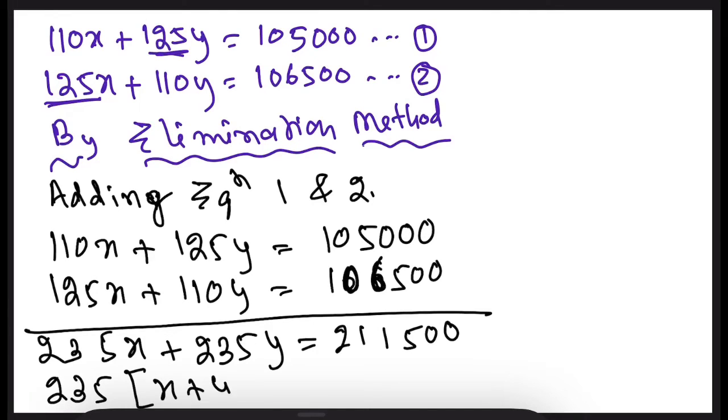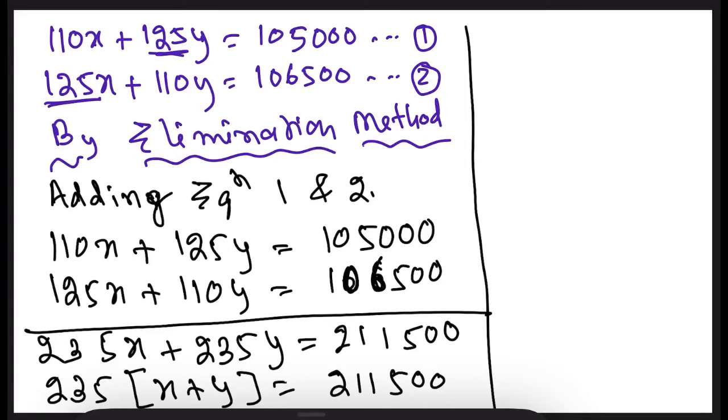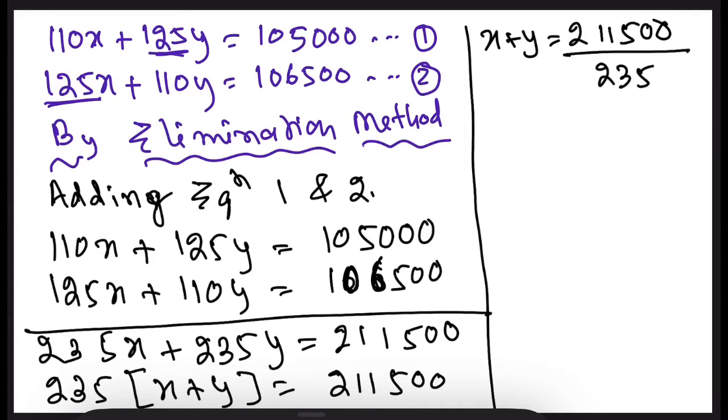X plus y equals to 211500 upon 235. Now this one will go by 9.